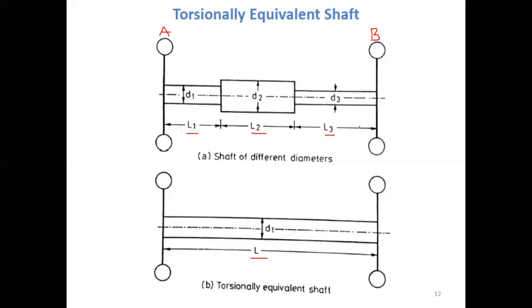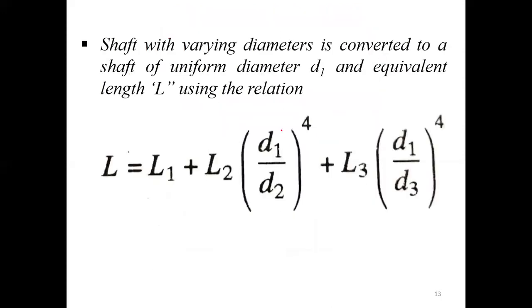So how to find this equivalent length L from the given diameters and the given lengths? For that, please use this relation for finding the equivalent length L if you know L1, L2, L3 and D1, D2, D3.